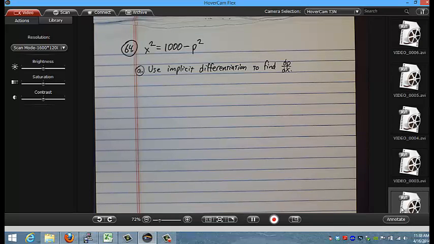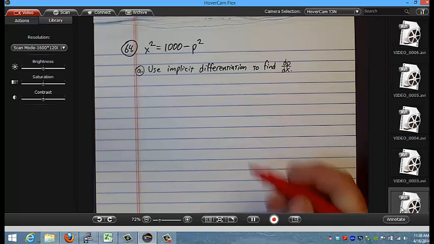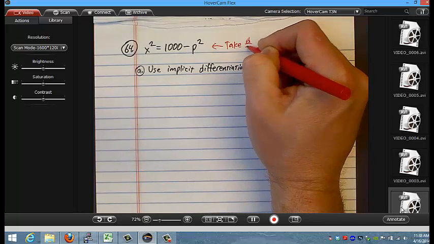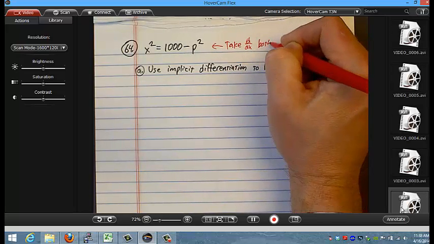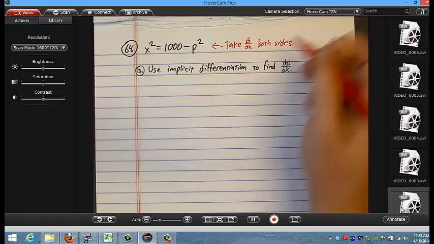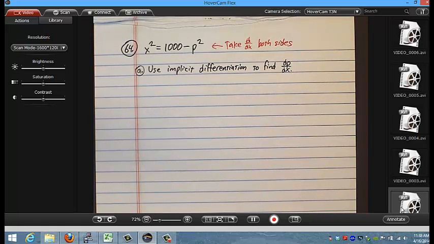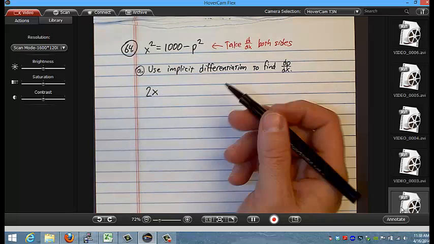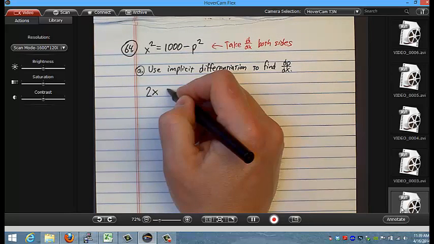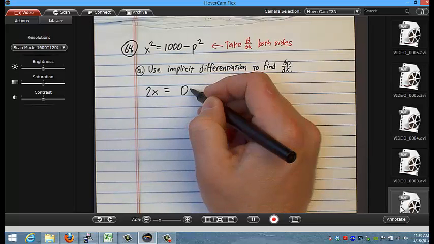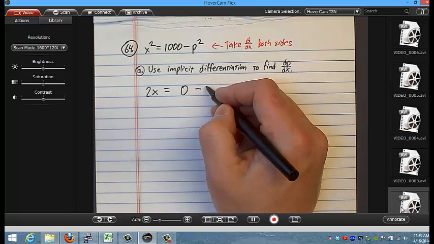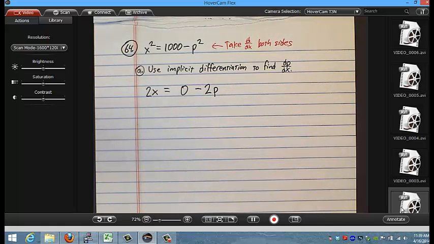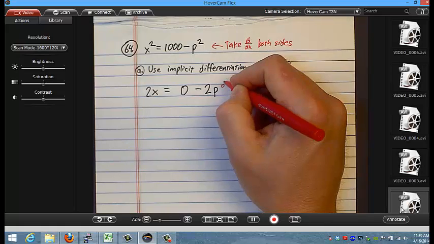All right, so again, I take d dx of both sides. On the left-hand side, I just get 2x, times 1, but I'm not going to write that down, equals 0 minus 2p, and then also what? dp dx.